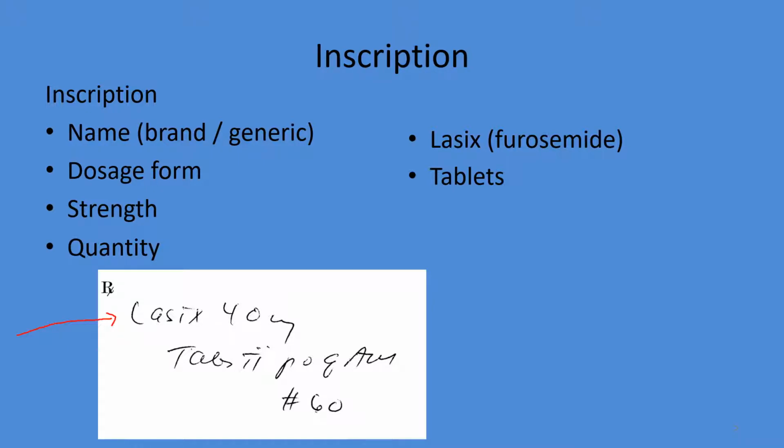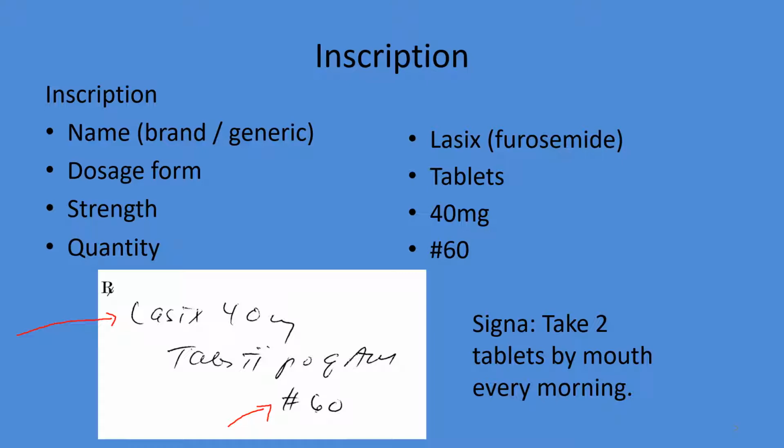Strength, 40 milligrams. And then the quantity, pound, 60 tablets to POQAM. So at least we know the route is PO. So the verb is going to be take. So we'll take 2 tablets by mouth every morning.